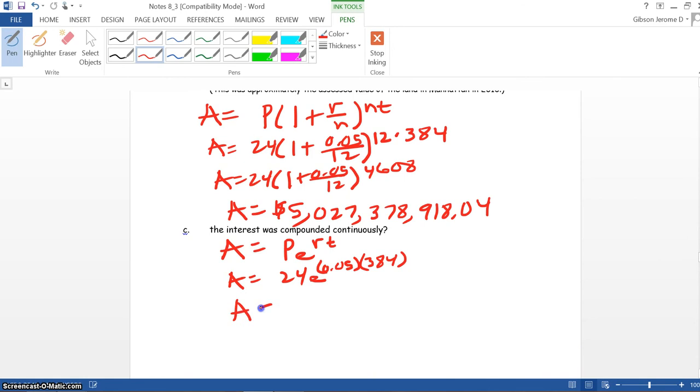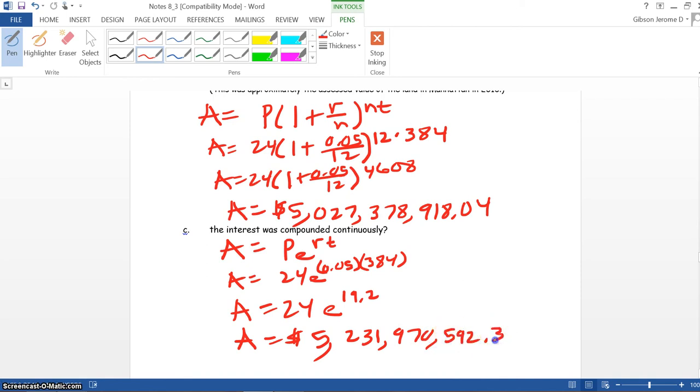Now, we will have 24 e to the power of 19.2 because 0.05 times 384 is 19.2. And our final answer would be $5,231,970,592.30. And that will be our final answer.